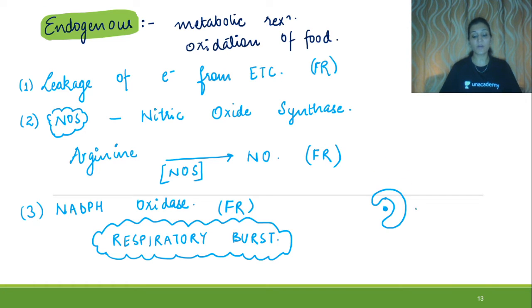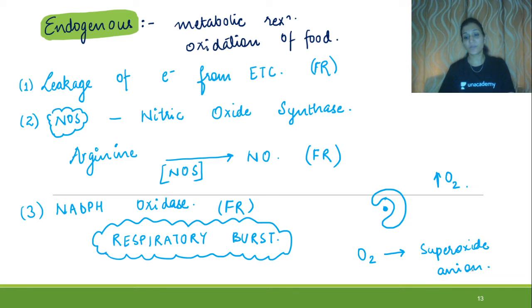They will require oxygen. Because of this increased demand of oxygen for engulfing of the bacteria by macrophages, there will be conversion of O2 into superoxide anion, because of the high oxygen demand by the whole system.